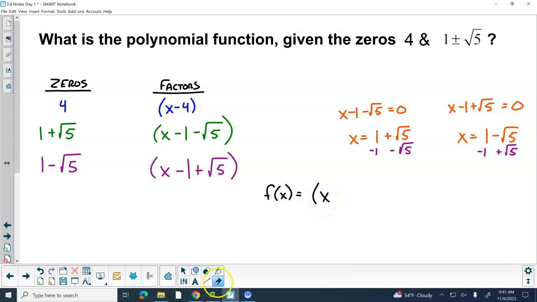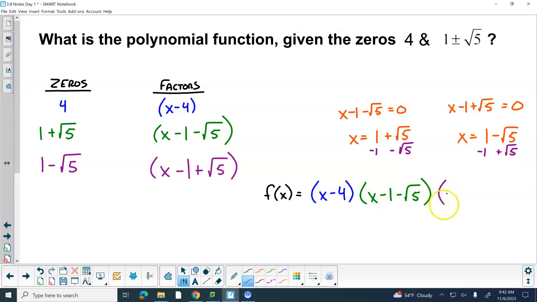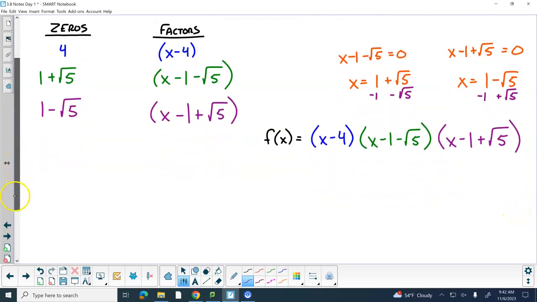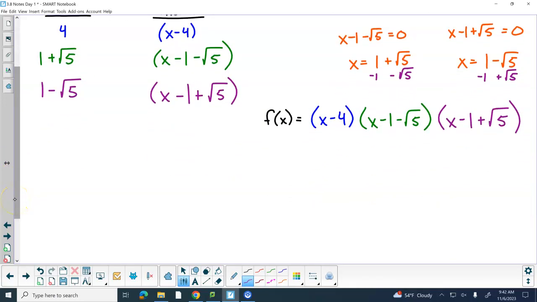Oops, color code. Green and purple first. Get the two ugly ones out of the way.